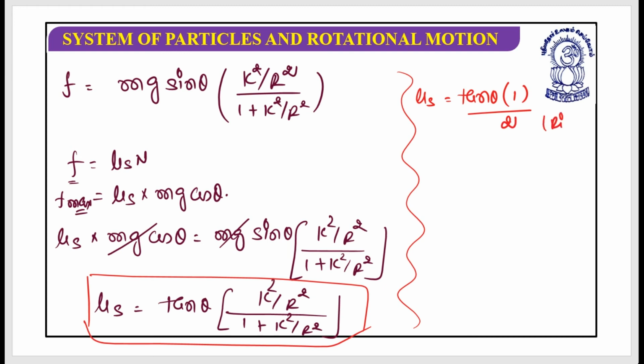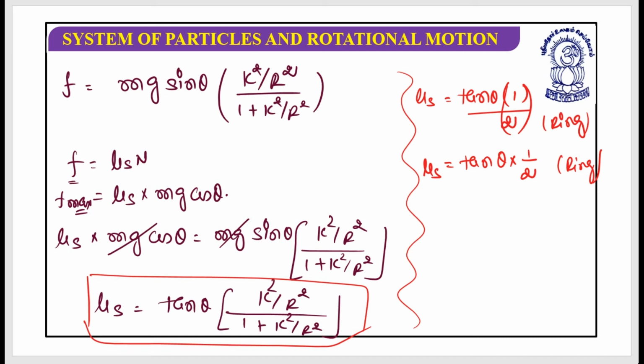Yes, this is for the ring. It's tan theta into 1 by 2. This is equal to mu s. In the same way you can find it for a disk, a hollow sphere, a solid sphere, and everything. Is it clear?